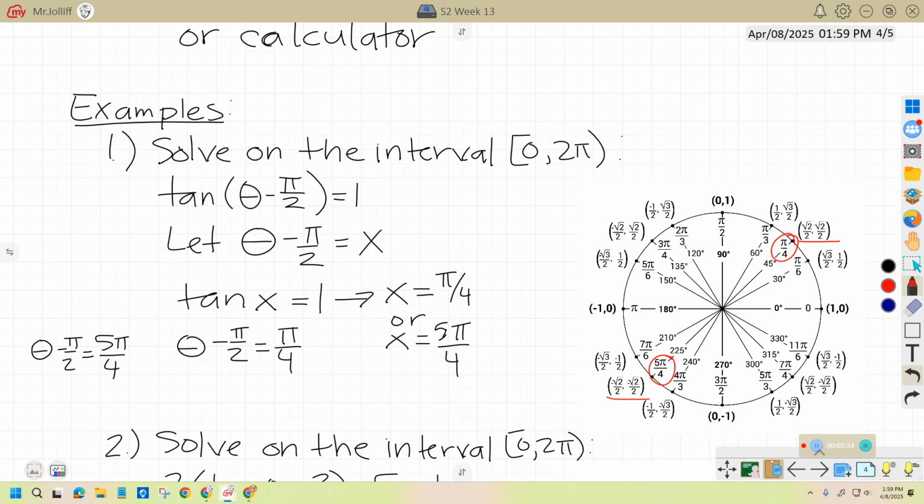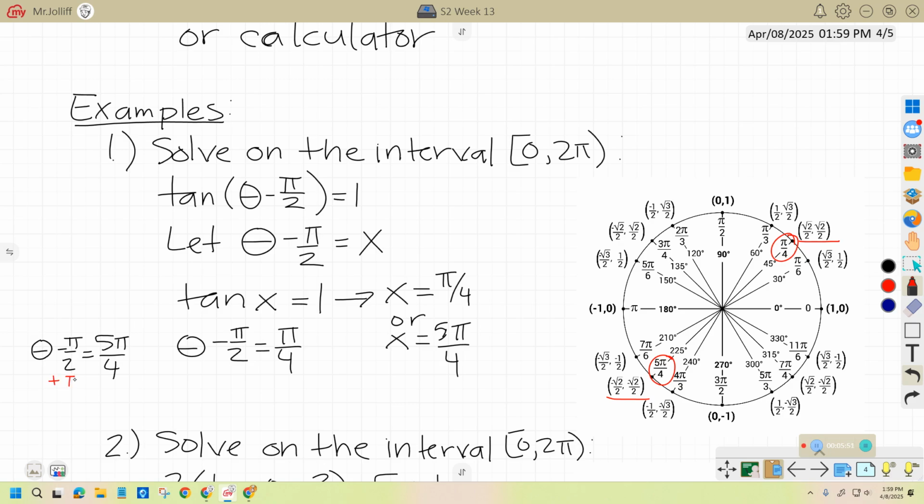And I want to solve those new equations for theta. So I know theta minus pi over 2 is pi over 4. How do I undo that minus pi over 2? Add it with confidence.